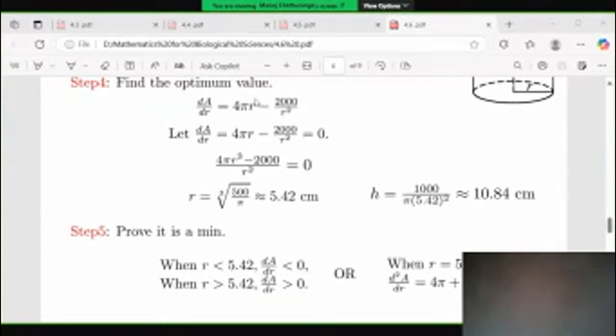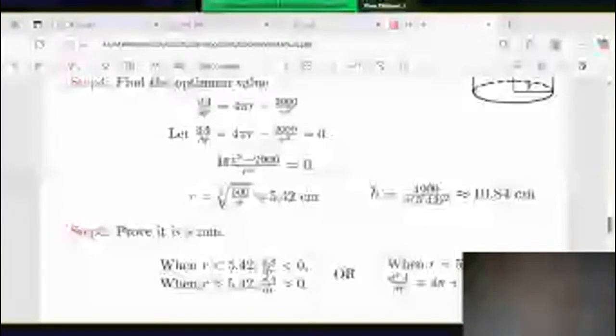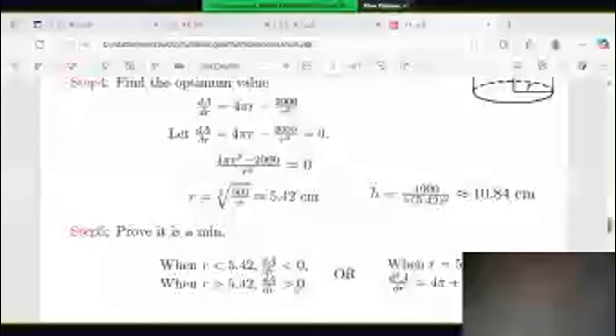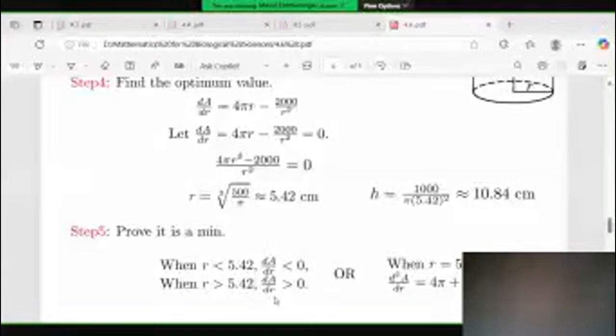For a very large r value, 2000 divided by r squared is very small, and 4 pi r will be large. So a small number subtracted from a large number is positive. So derivative is positive for numbers bigger than this particular value.